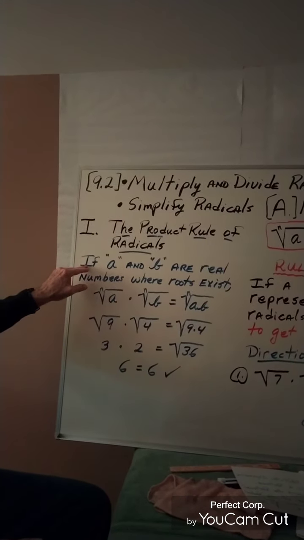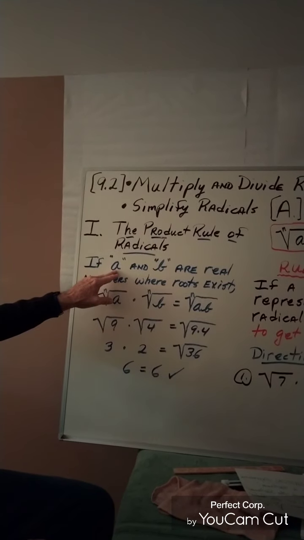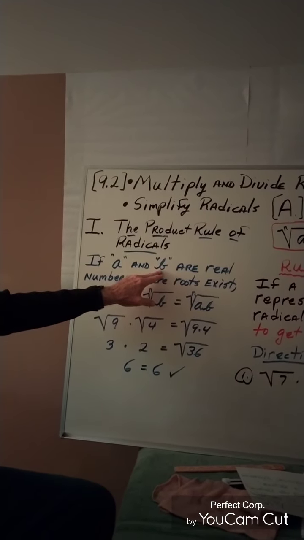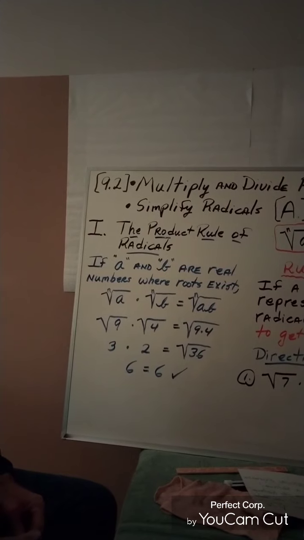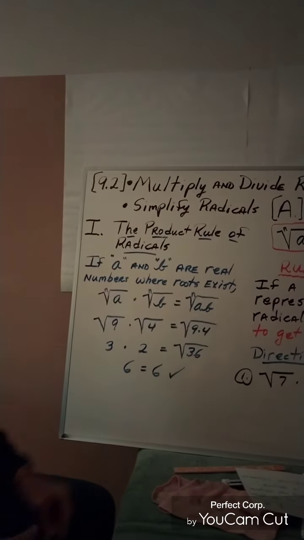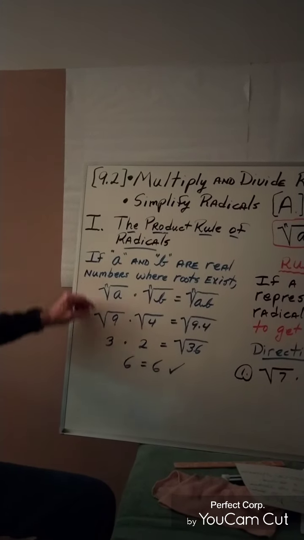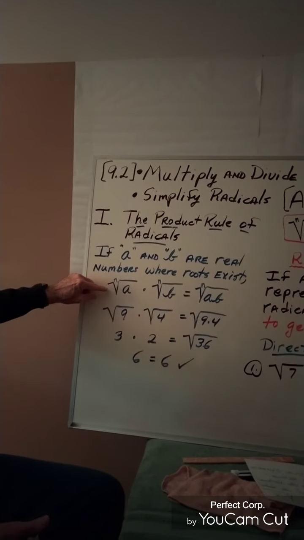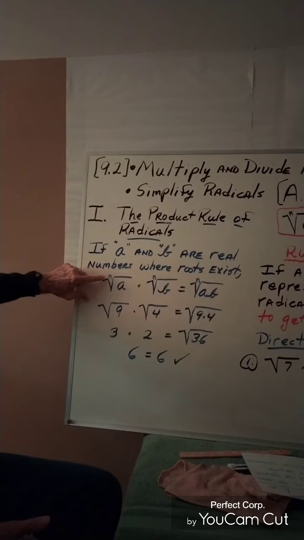Rule: if A and B are real numbers where roots exist, here's the product rule of radicals.